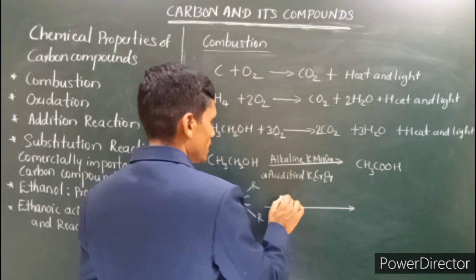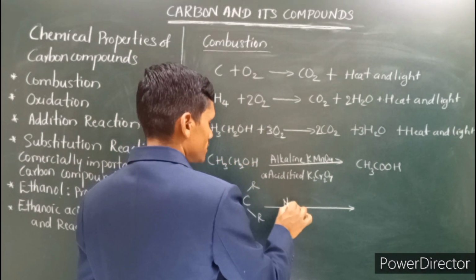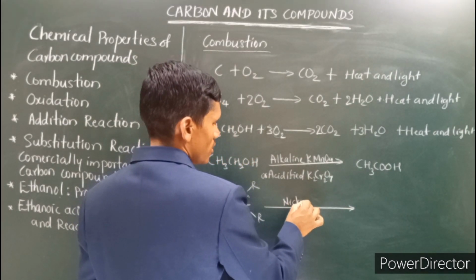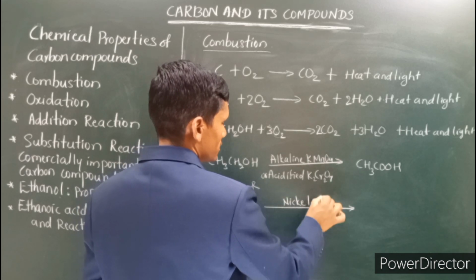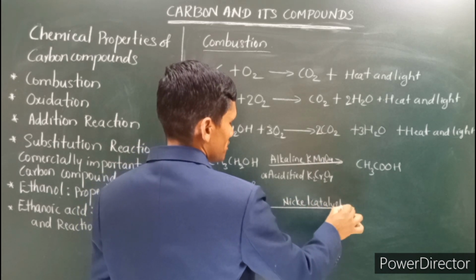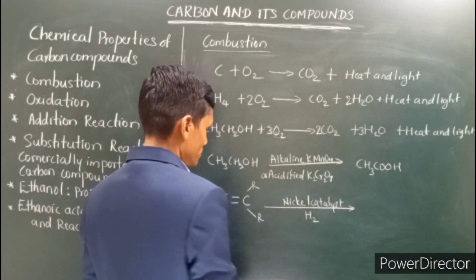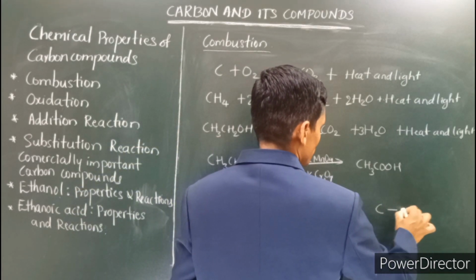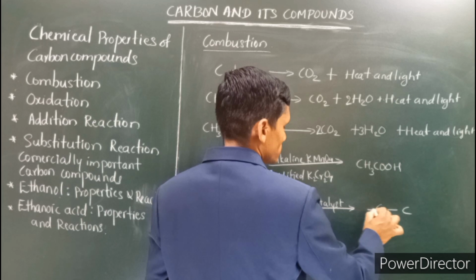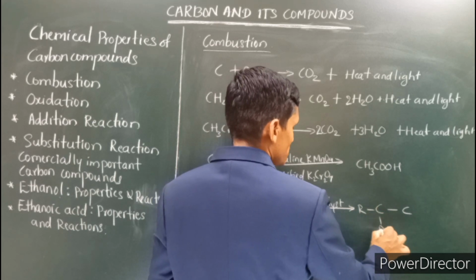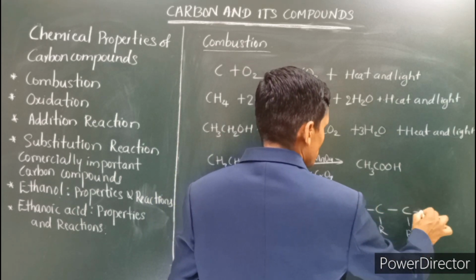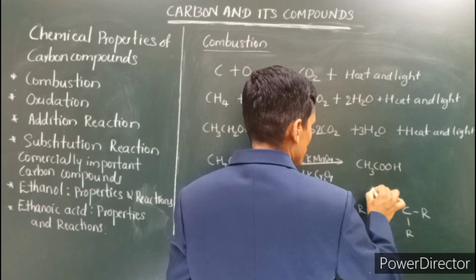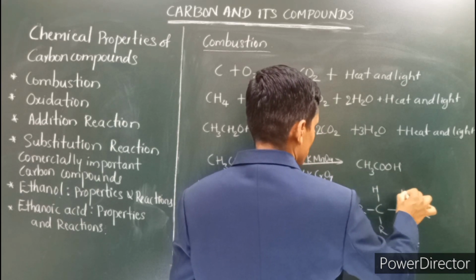For example, if it is a nickel catalyst, here it is adding hydrogen to this. So what does this change to? This changes to a saturated hydrocarbon. This is R, this also R. Here 2 hydrogens are added to that.